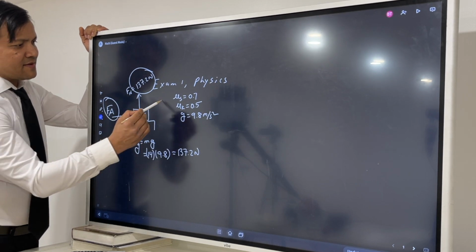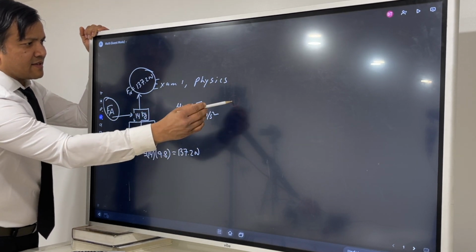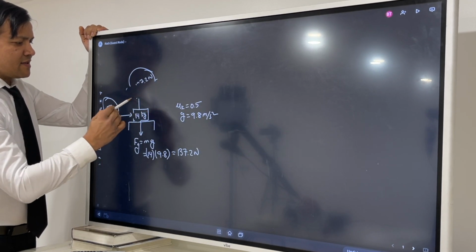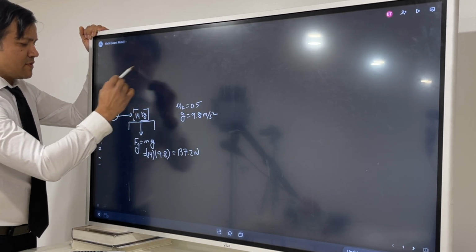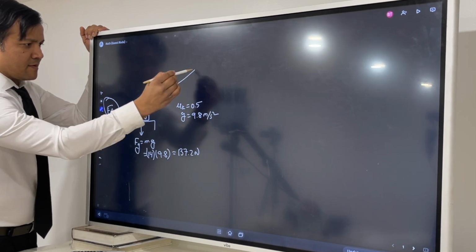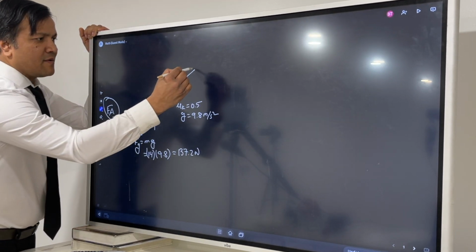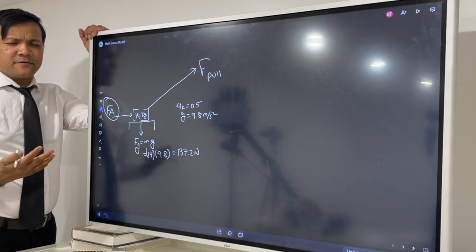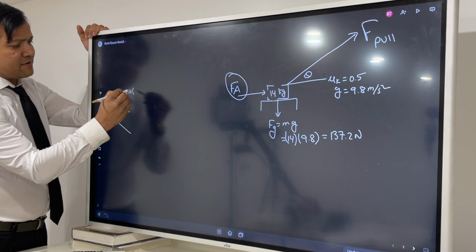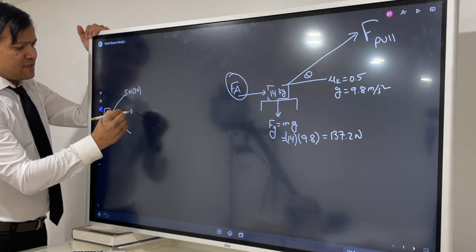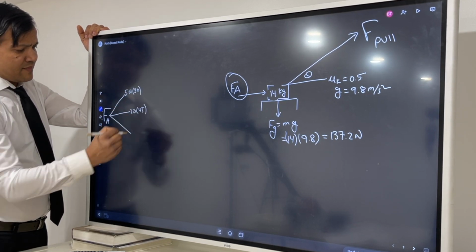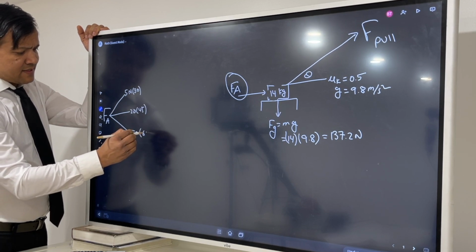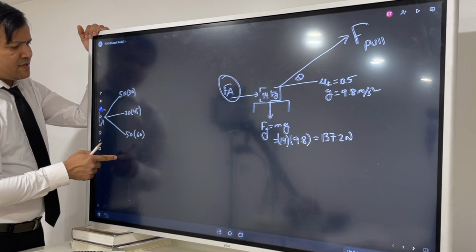So let's see what that is going to do if someone actually applies forces now. We'll find out. 5 Newton at, I don't know, 30 degrees, 20 Newton at 45 degrees, and 50 Newton at 60 degrees. So what we're going to do with this?